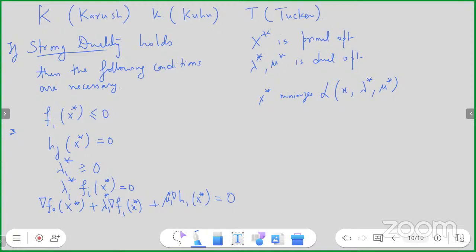Now you're given that there exists x star, lambda star, mu star. You want to claim that these have this. The first three are just the feasibility conditions which are necessary. So keep that, that's required. Essentially, you have to use the bottom two.